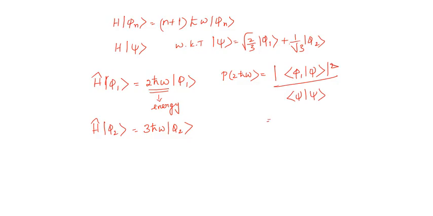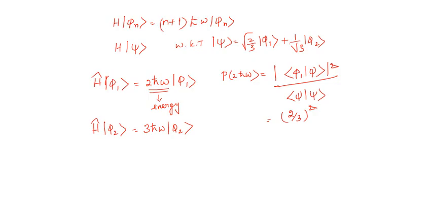So how to find the bracket notation pi 1 into psi? You need not write anything, you just simply take the coefficient of this pi 1. What are you getting? Root of 2 by 3. Sorry, not 2 by 3 squared.